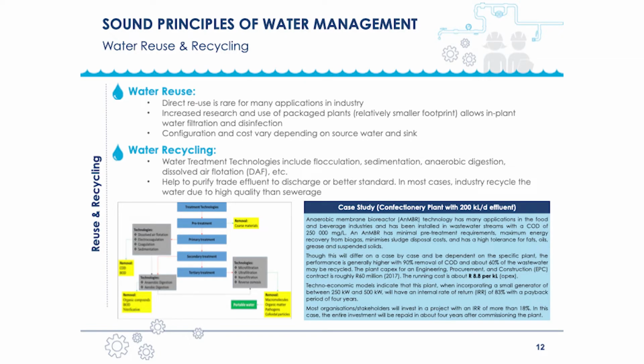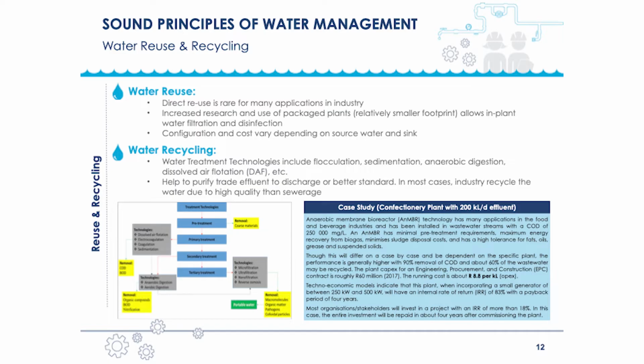When it comes to water reuse and recycling, I've already mentioned the challenge for industries: it is difficult to use water directly. Some form of treatment is necessary, and I show by way of this case study a 200 kiloliter per day plant where they implemented an anaerobic membrane bioreactor.